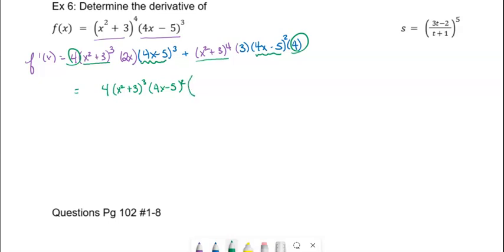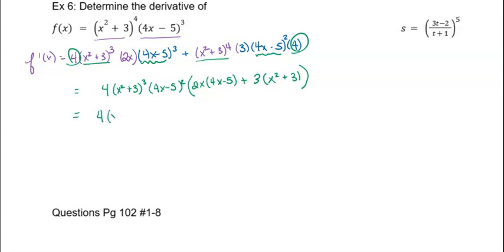That leaves me with 2x and a single 4x minus 5 plus a single, and a 3, and a single x squared plus 3. And this will always kind of sort out like this. So this is a pattern that you should be able to look for.